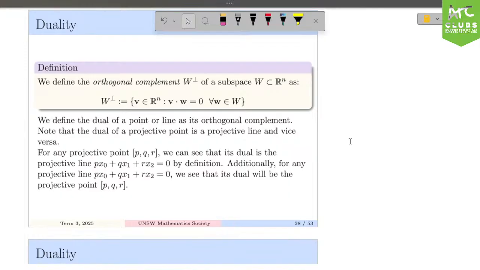For instance, if we're thinking in R2, and our original subspace is, let's say, the line y equals x, so this is W, then the orthogonal complement is just going to be every vector that is orthogonal to every point on W, which is just going to be the line y equals minus x.